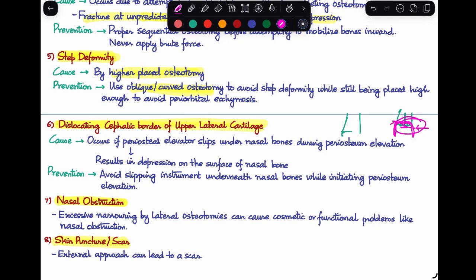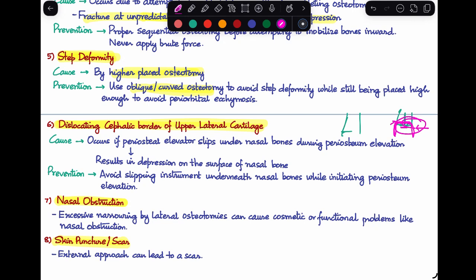But if you end up causing excessive narrowing by the lateral osteotomy, it can result in a functional problem where the patient complains of nasal obstruction. So you have to know how much movement of the nasal bones you have to do in your particular case. And lastly, if we use the external approach, it can lead to a skin puncture or a scar externally, which is not a good cosmetic way to approach this.